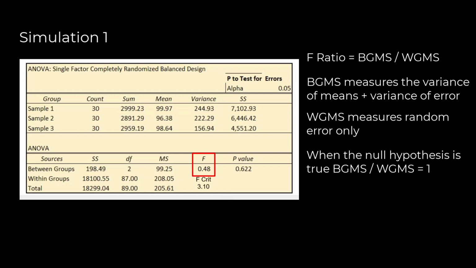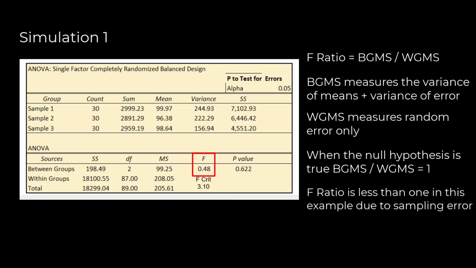But in this case, the F ratio is actually less than 1, even though we know that the population means are equal to each other. In the population, the between groups mean square can never be less than the within groups mean square. It will either be exactly equal to the within groups mean square, if the null hypothesis is true, or larger than the within groups mean square if the null hypothesis is false.